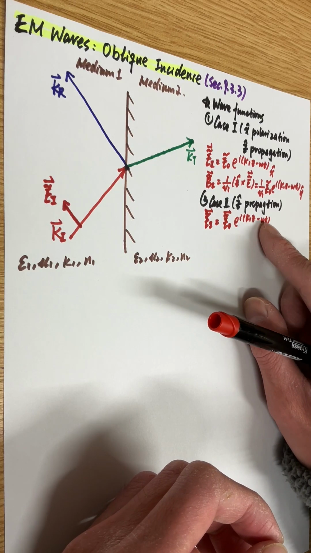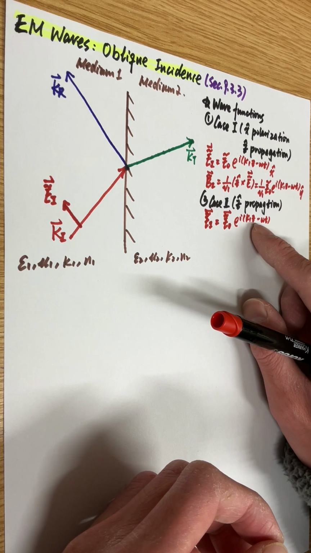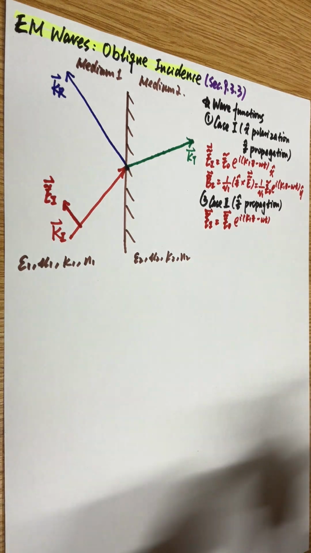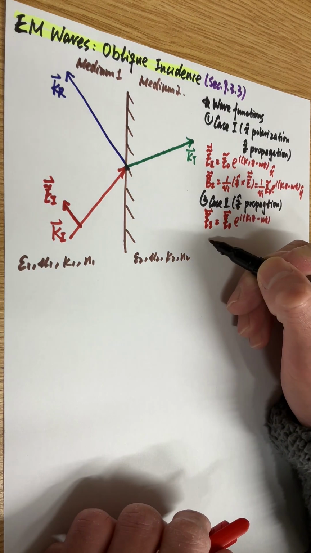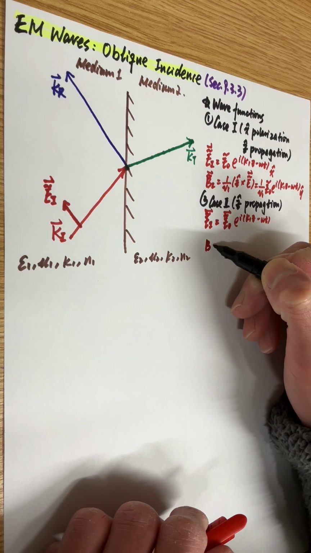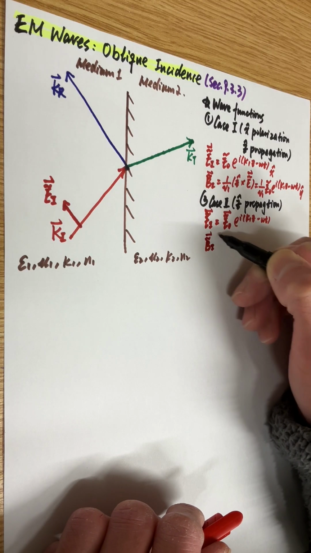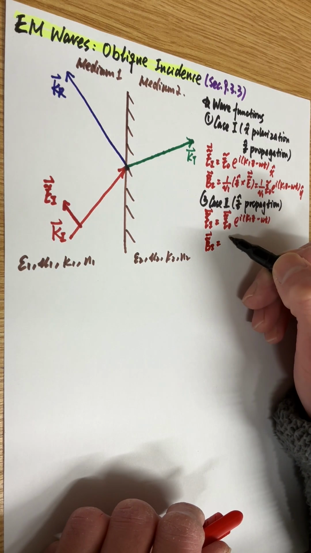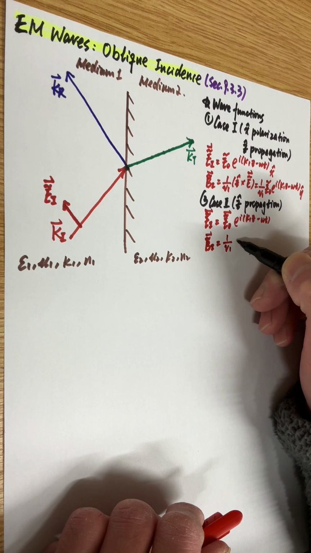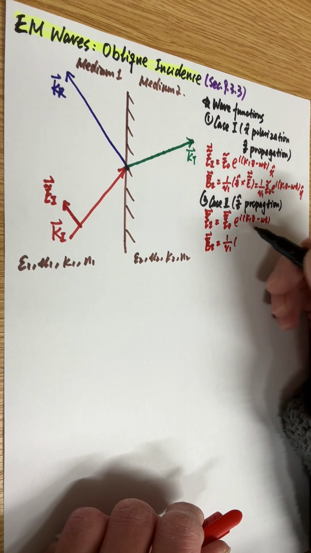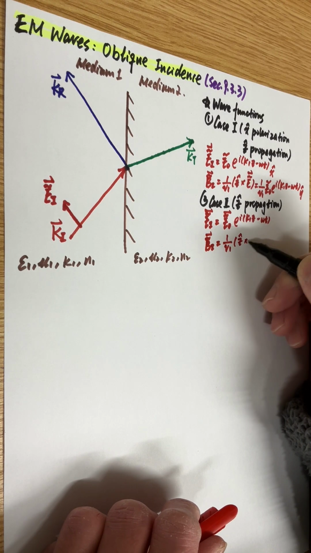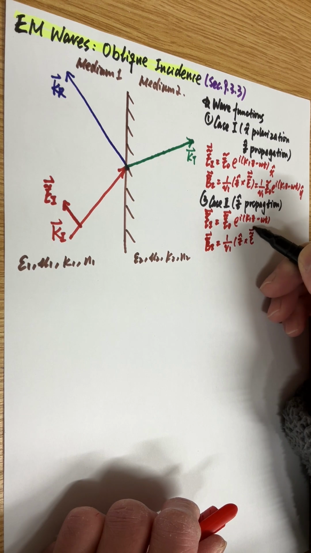It's a scalar function. It would vary with the distance and time. So now the B field would equal to still 1 divided by v1, and then propagation direction is still z, and then cross the electric field.